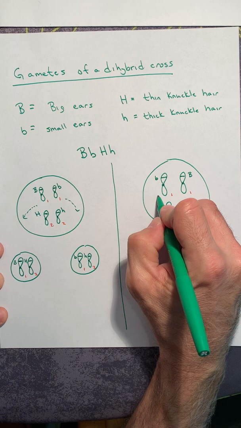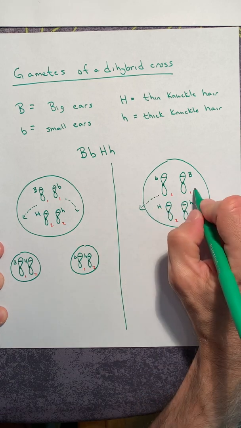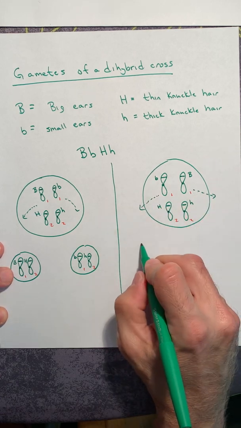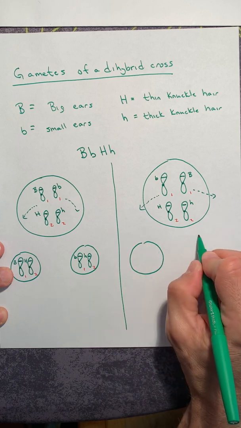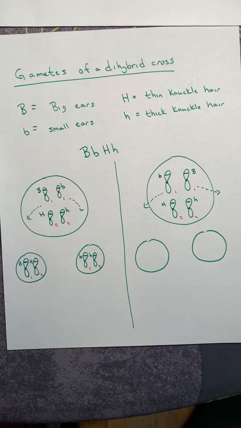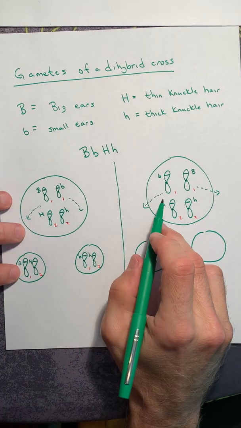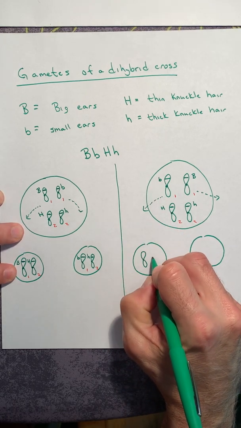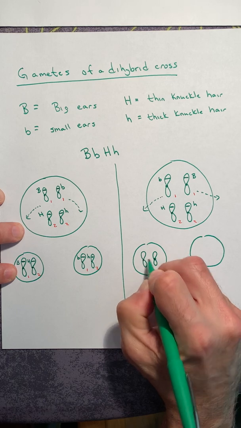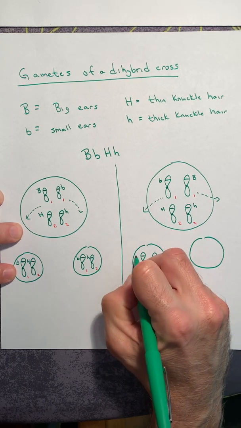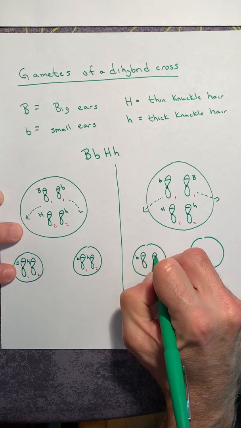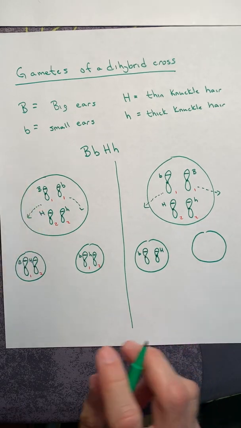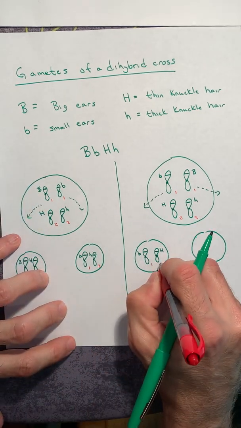Well, in the process of meiosis, these chromosomes get pulled to opposite sides of the cell. And look how this changes what goes into my gametes. If the big B and big H get pulled to the left, I would have little b and big H, and this would be number 1 and number 2.